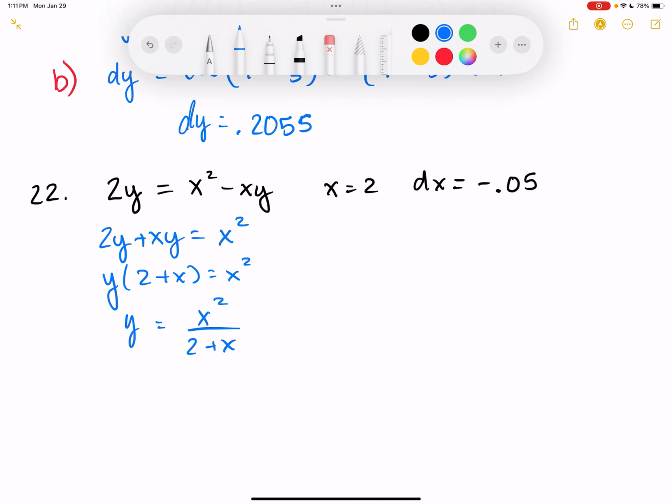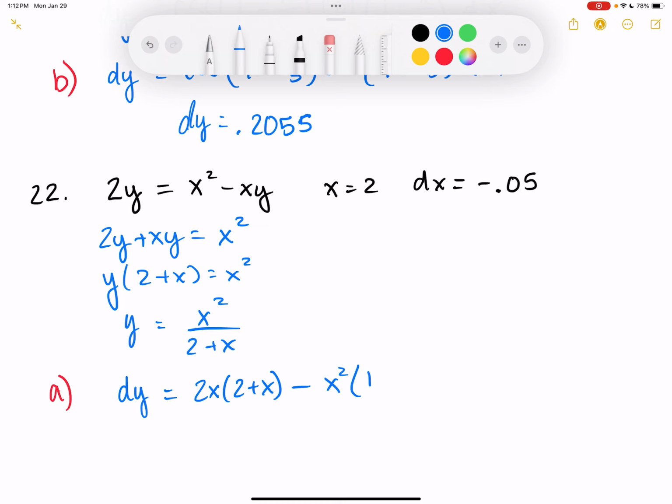So, I was about to write dy. dy dx equals 2x times 2 plus x minus x squared times 1.